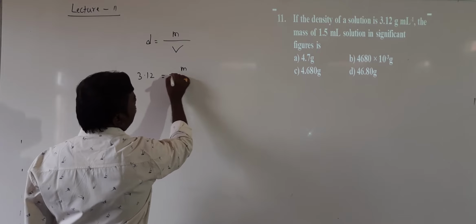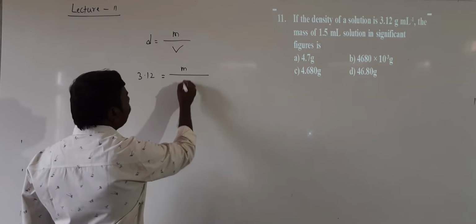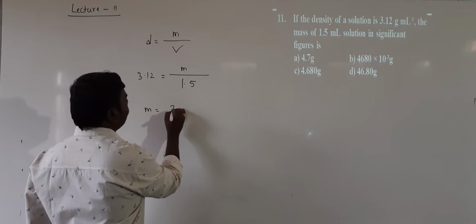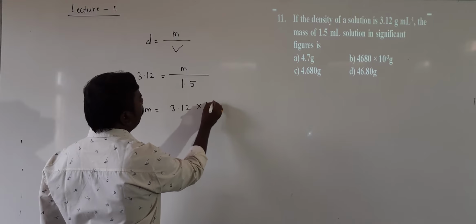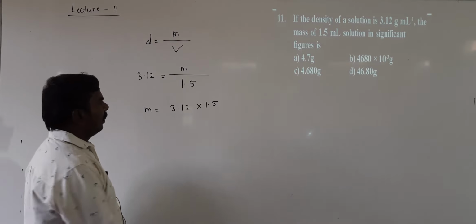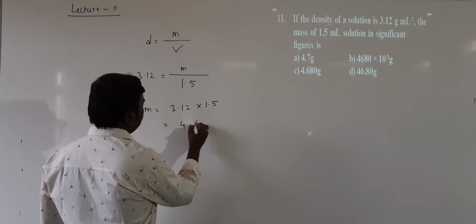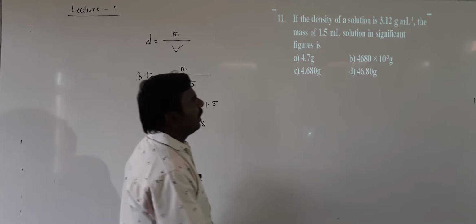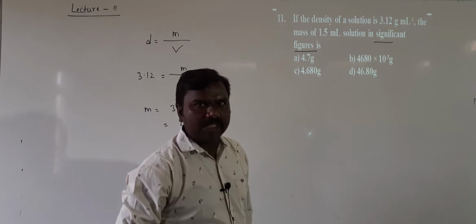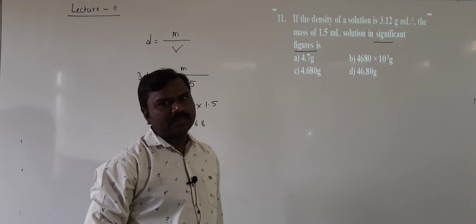Mass is your question, volume given is 1.5, where mass equals 3.12 into 1.5. On solving this, you will get 4.68. But the answer must be in significant figures. They are expecting your answer that way.